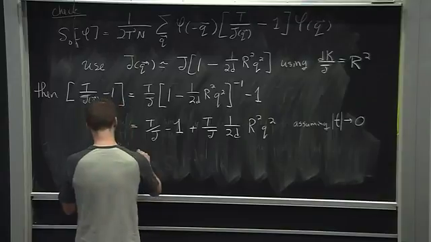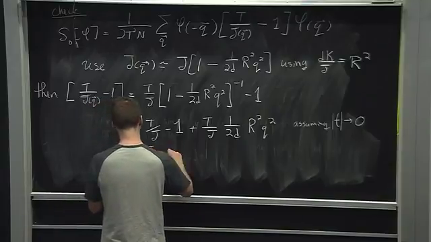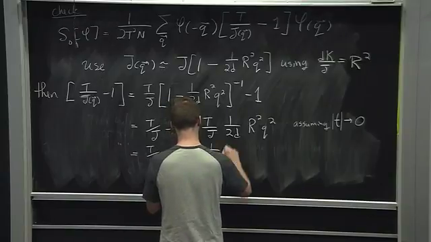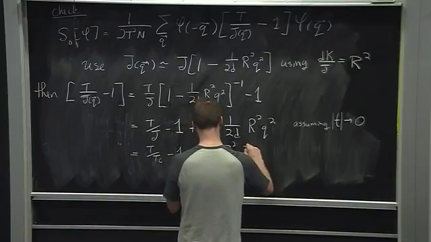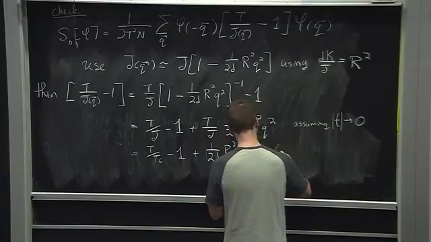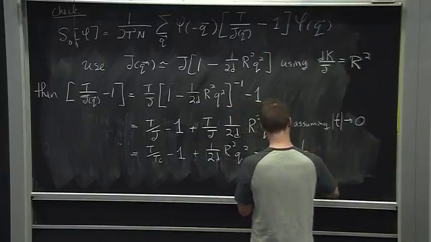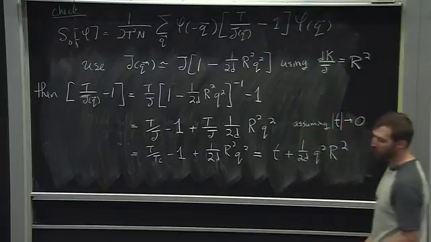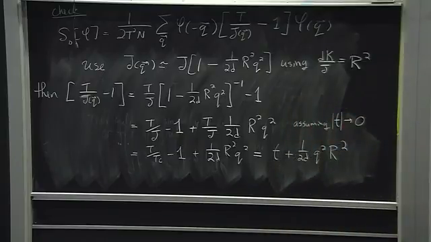I can just fudge this a bit and write t over tc minus 1 plus 1 over 2d r squared q squared, or reduced temperature. Okay, that's what I really care about. The phenomenological parameter needs to have that reduced temperature in it somehow.